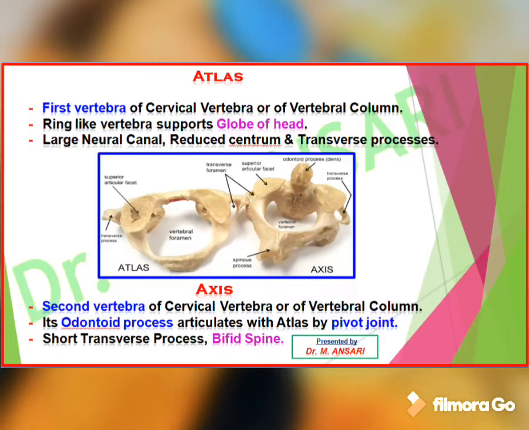The second vertebra is called axis. Its odontoid process is a characteristic feature which articulates with atlas by a pivot joint. Axis consists of short transverse process and bifid spine.